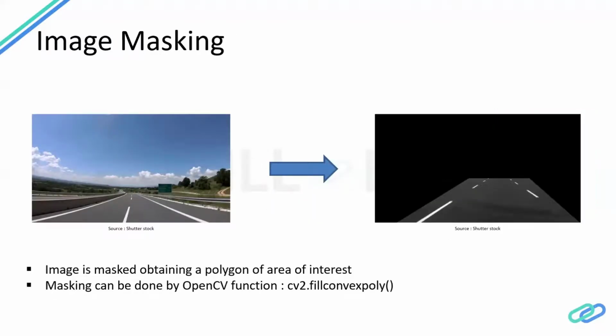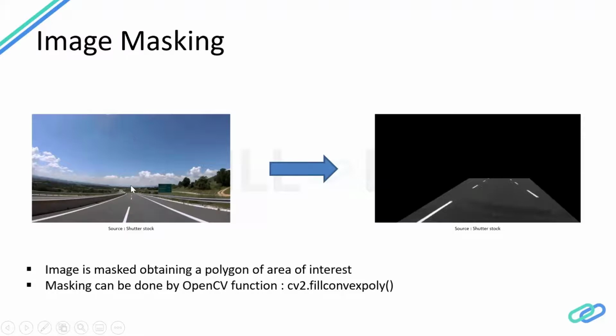And image masking is a method here. In this image, we are not really interested in the regions such as the sky, the roads, the signboards and the dividers. We are not interested in any of these to detect the lane.